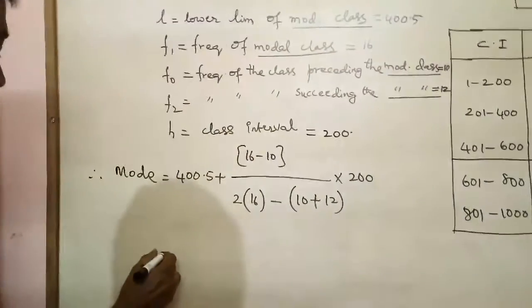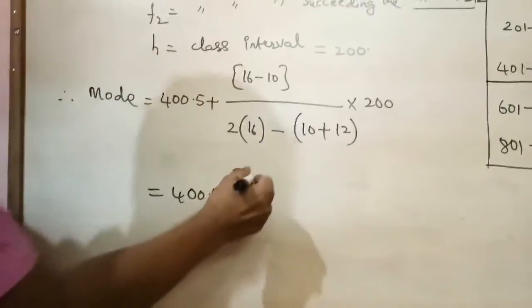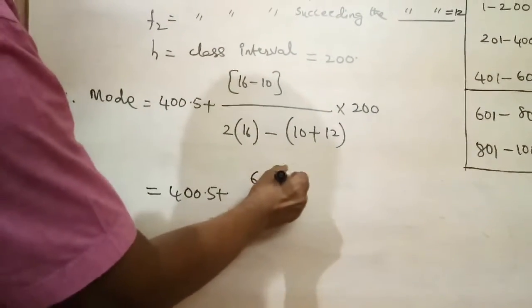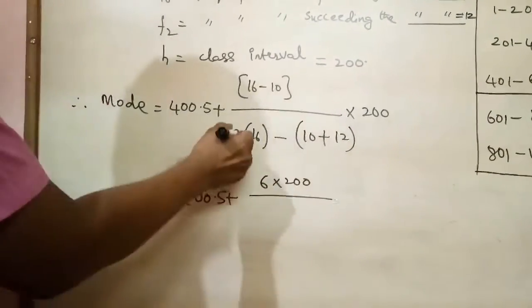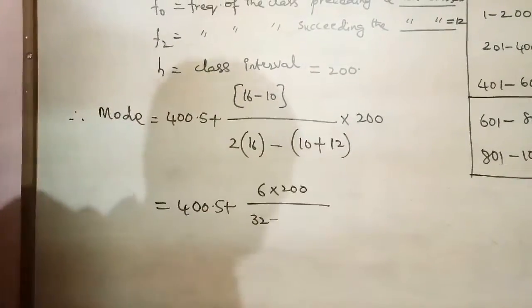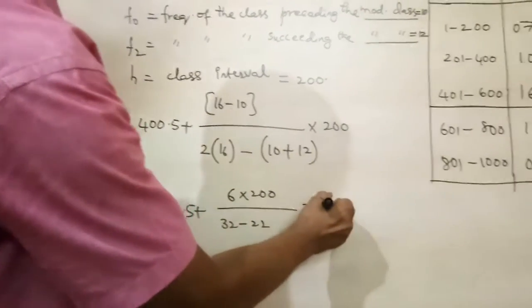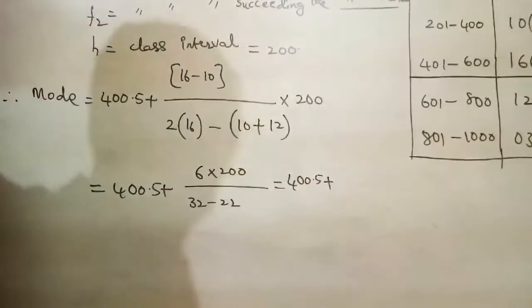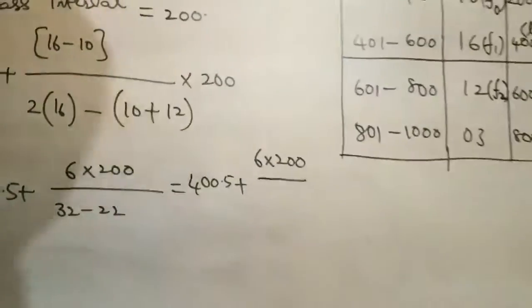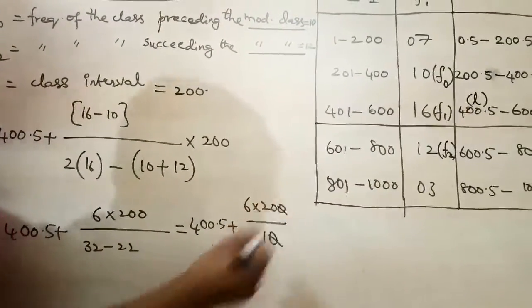Now simplify: 400.5 plus 6 into 200 whole by 32 minus 22, which is 10. The zeros get cancelled.